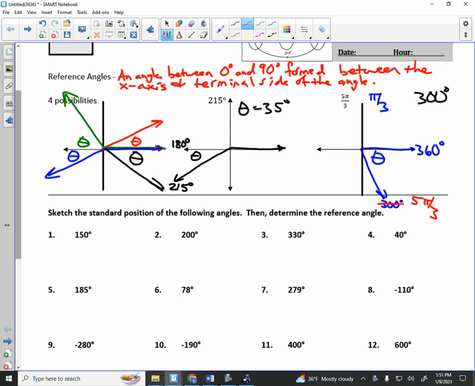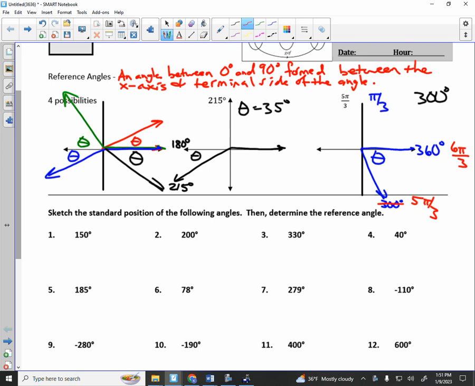How would you write 2 pi so that it has 3 as a denominator? 6 pi over 3. So what is the angle formed between 5 pi over 3 and 6 pi over 3? Everybody see that that would be 1 pi over 3? So that's the other way you can do it as well. Either way is fine.